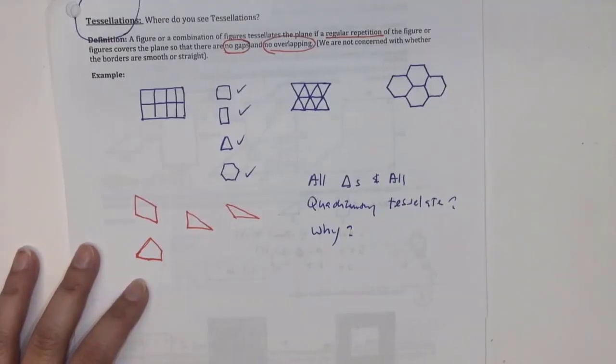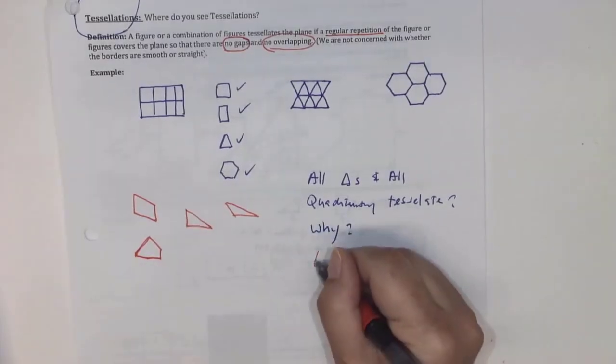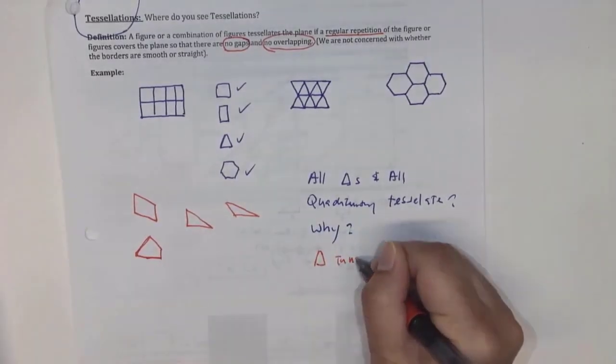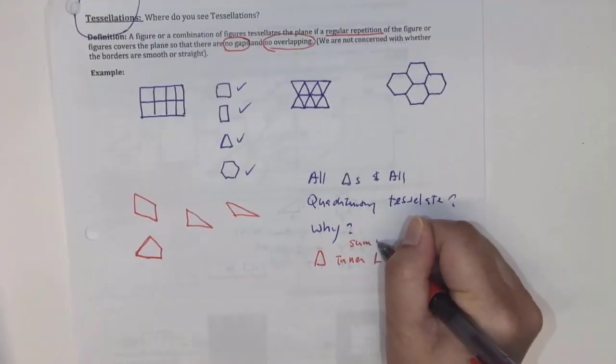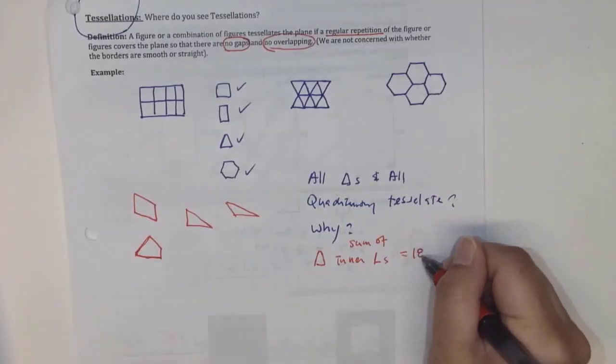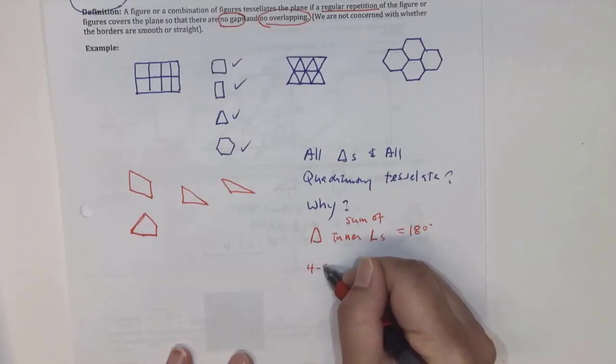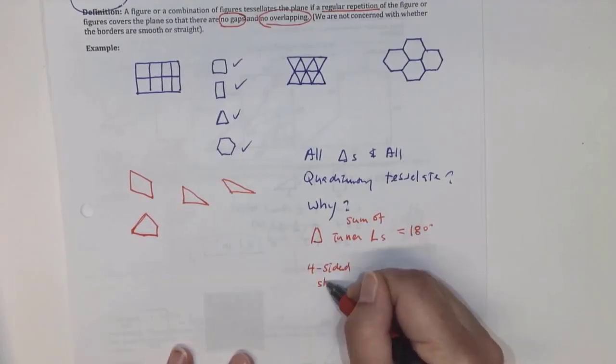I have one note. It has something to do with the inner angles, because they're supposed to add up to what? For a triangle, the inner angle sum is equal to 180, right? And then for the quadrilateral, the four-sided shape, you have what? We did that last time.